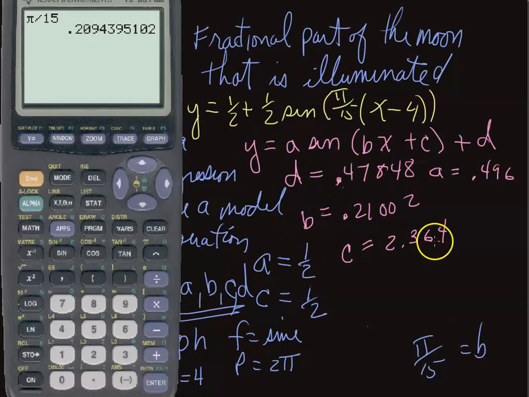Now we've got to take their C, which is really our D multiplied by pi over 15. So that number, pi over 15 times our D, which is 4. Press enter, and you get 0.83, pi over 15 times 4.